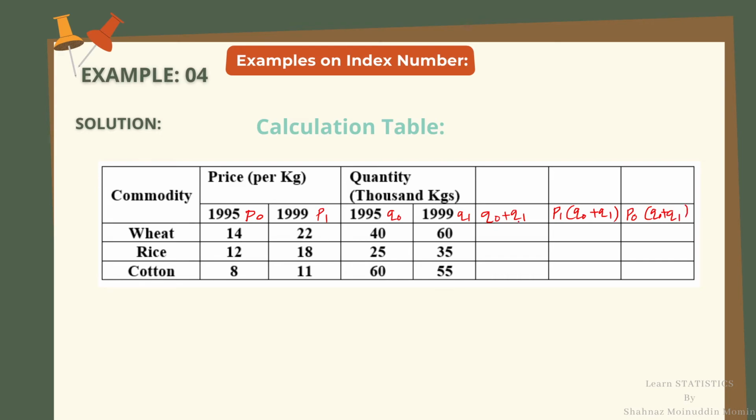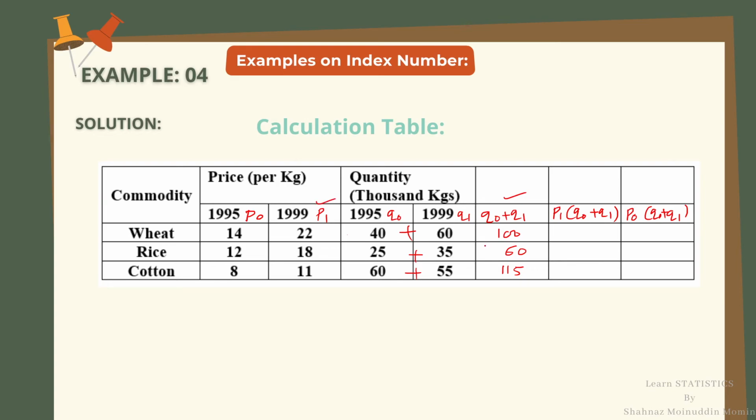Q0 plus Q1 means adding the quantity in the base year and current year, that is 40 plus 60, 100. Similarly 25 plus 35, 60, and 60 plus 55, 115.